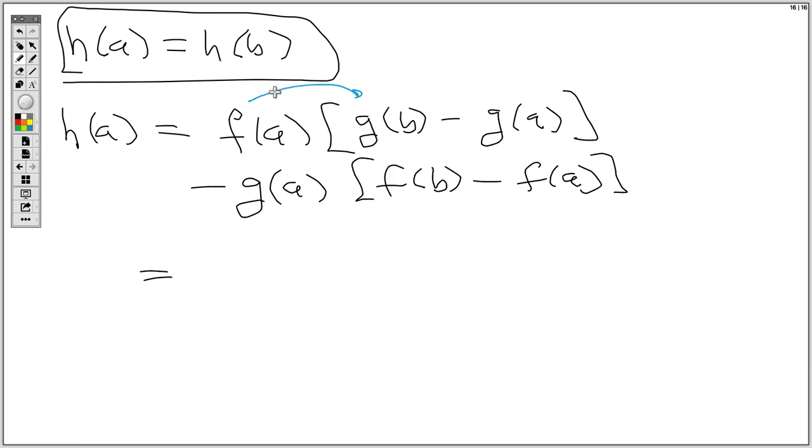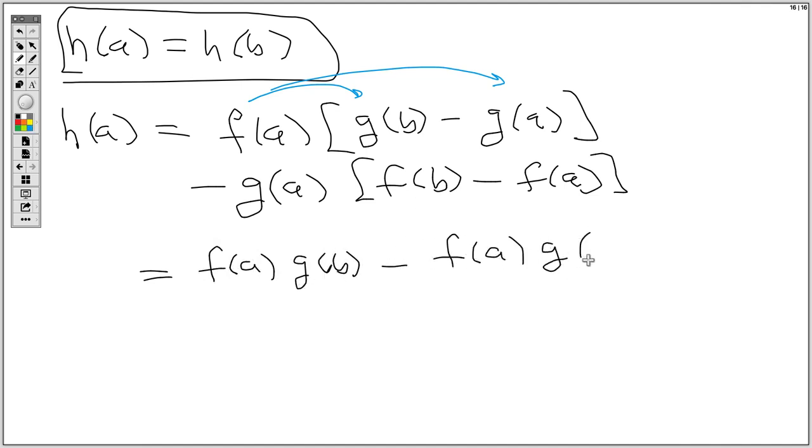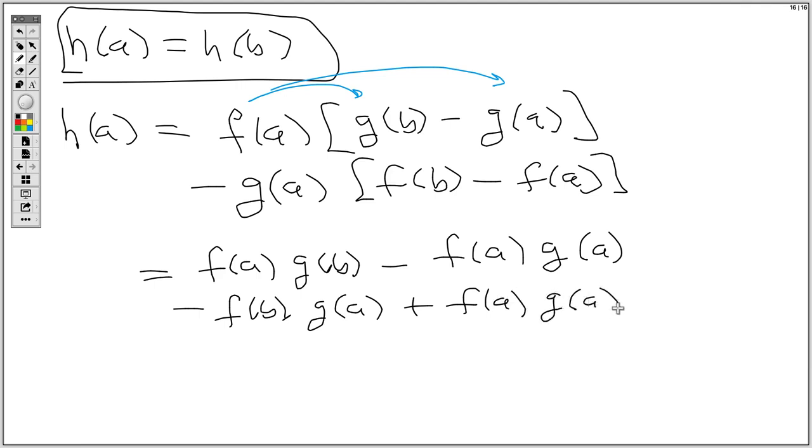So you go through and distribute here. f of a g of b minus f of a g of a, minus f of b g of a, plus f of a g of a, and we got some cancellation there.